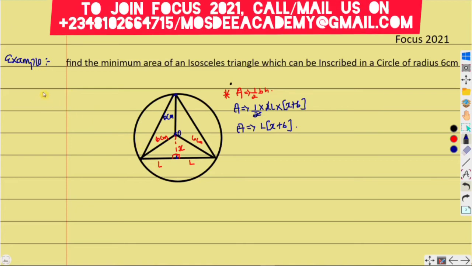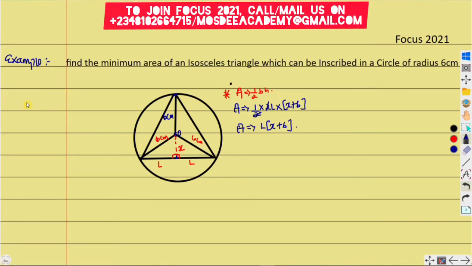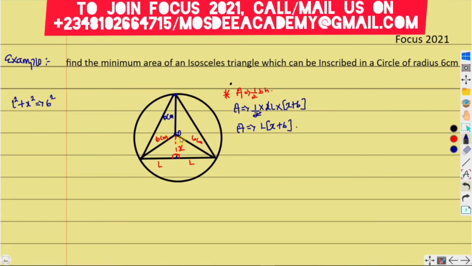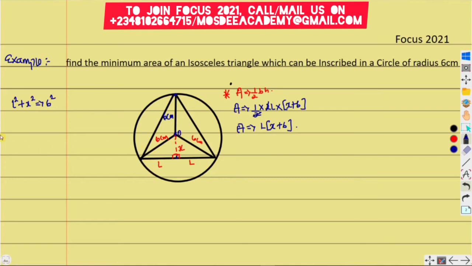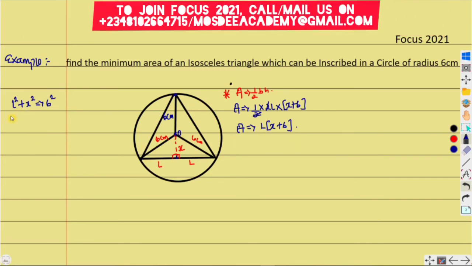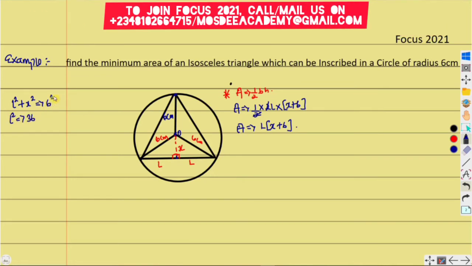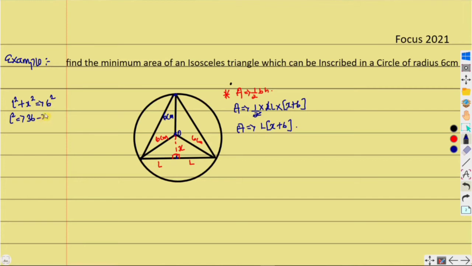Now from here I can say L squared plus x squared is equal to 6 squared. Everybody should know that, Pythagoras theorem. What I'm trying to do here is remove one variable. So I can make L squared the subject: L squared is equal to 36, because 6 squared is 36, minus x squared. So L, as the subject of the relation, gives me the square root of 36 minus x squared.